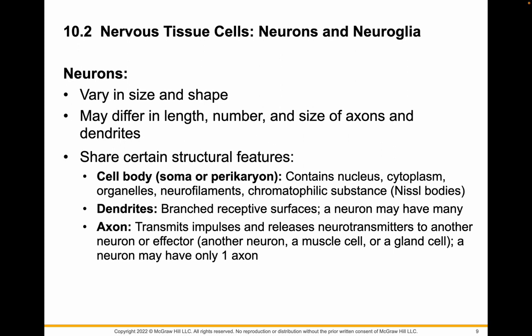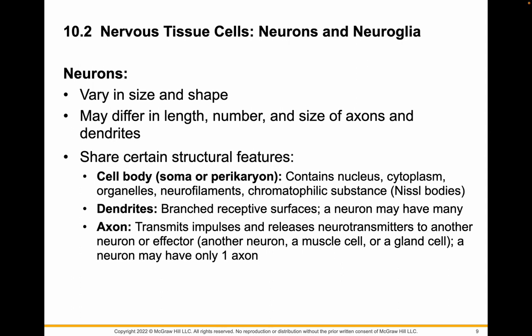All right, so let's talk about neurons, the main cell of the nervous system. They vary in size and shape. They vary in the length and the number and size of their axons and the dendrites. They can be really crazy looking. We'll look at some. But all of them, no matter what size, shape, where they're at, how many axons they have, have 3 major parts.